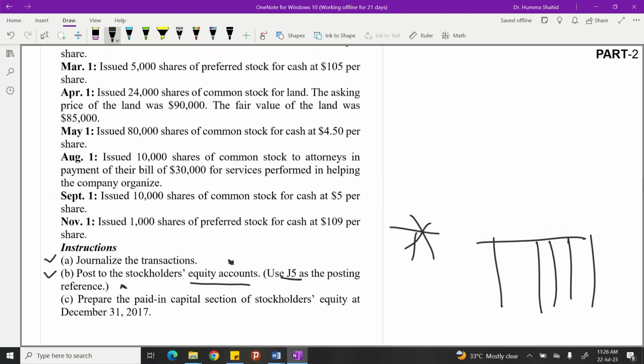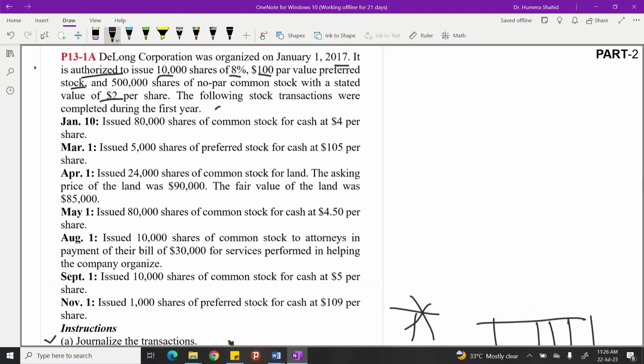Prepare the paid-in capital section of the stockholders' equity at December 31st, 2017. So let's go ahead. Firstly, January 10: issued 80,000 shares of common stock for cash at $4 per share. Do we have a par value? No, but we have a stated value of $2, and we are issuing at $2 in excess of stated value.